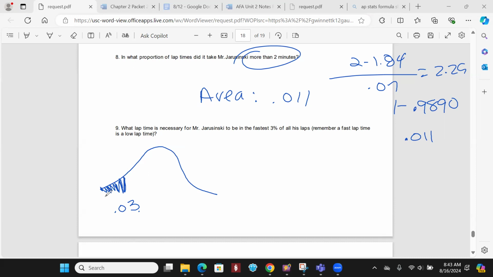So fastest 3% is going to be down here. Since the area is 0.03, we're going to go into our table and find the corresponding z-score. What was the z-score that you found? Negative 1.88. Everybody see that?